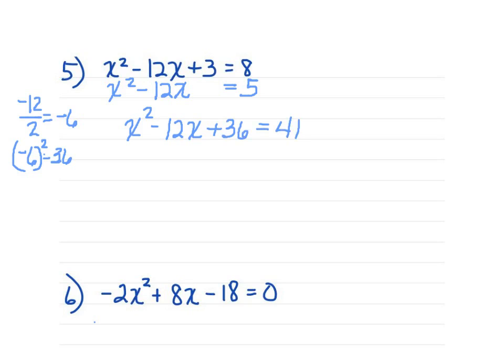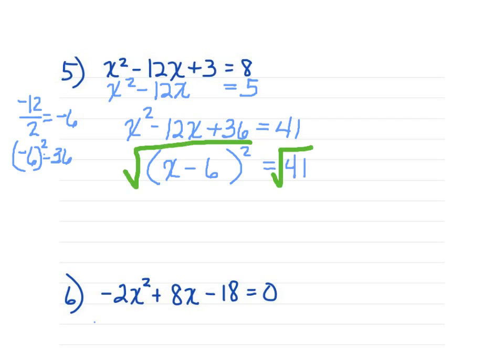Okay, now we're ready to solve. So what I'm going to do is use the pattern that I know to factor the perfect square trinomial. So it would be x minus 6 squared is equal to 41. And let's recall that now we have to take the radical of each side.